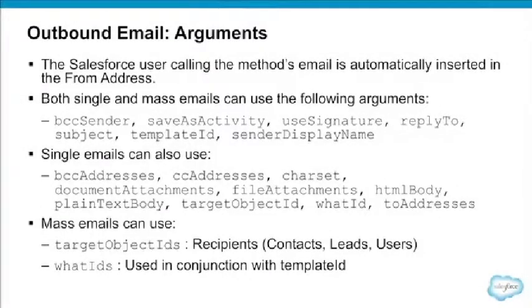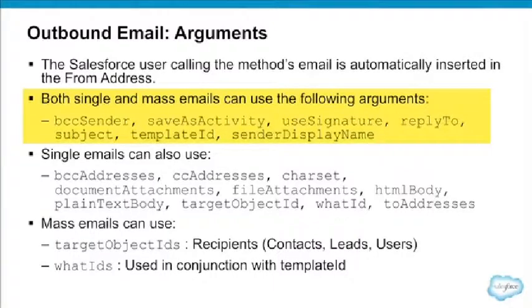Okay. So let's talk about the outbound email classes that we would use to send these emails. So first of all, there is the single email class and there is the mass email class. Now, both of these classes have a lot of commonalities. Both of them have things like the subject, the reply to.